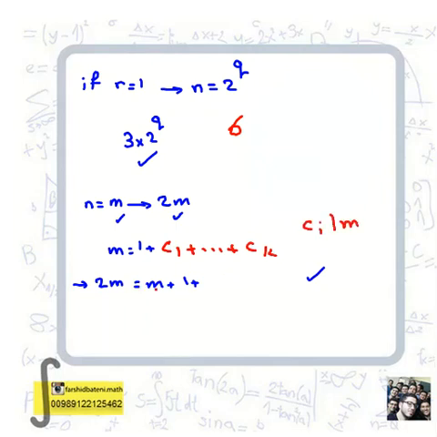Now you can write 2m equals m plus 1 plus c1 plus through ck. Now it's true. So when m is good, 2 times m is good.